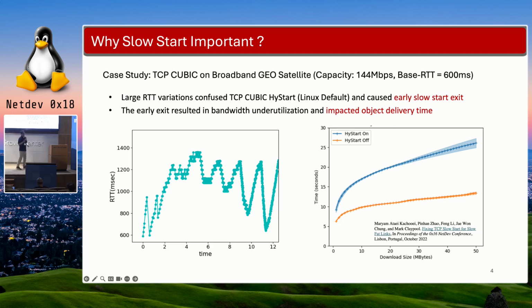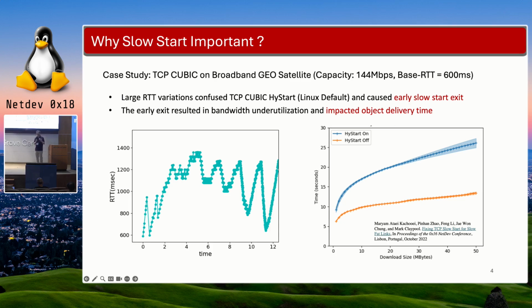Here is our old result. This graph just shows how long we need to download a given size file. For example, if we're downloading a 50 megabyte file, it may take around 12 to 13 seconds without HyStart. But if we enable HyStart, it may take around 25 seconds.